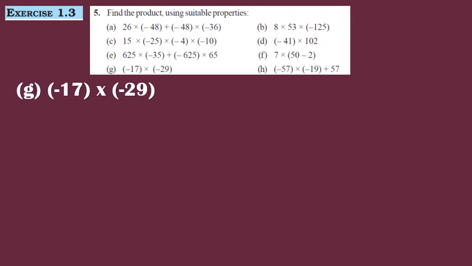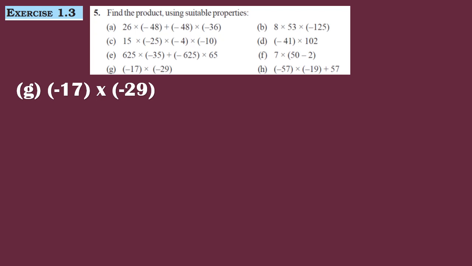Next one. Minus 17 into minus 29. So here you may think of 29 as 20 plus 9 like that. No, that is not the wise way to do that. Here, first of all, both are negative.